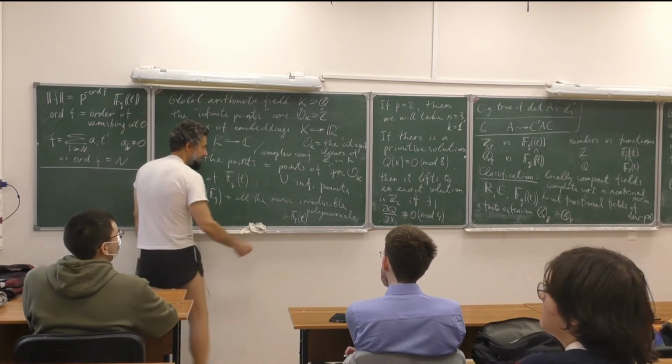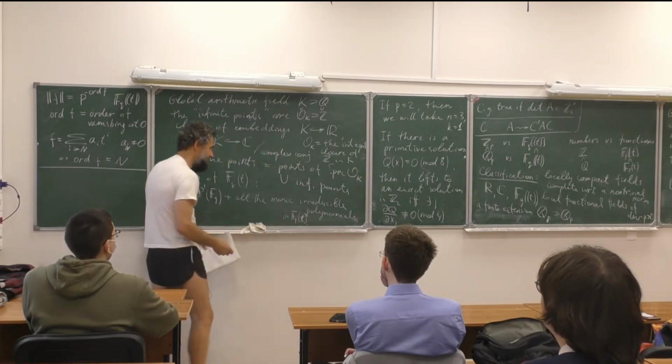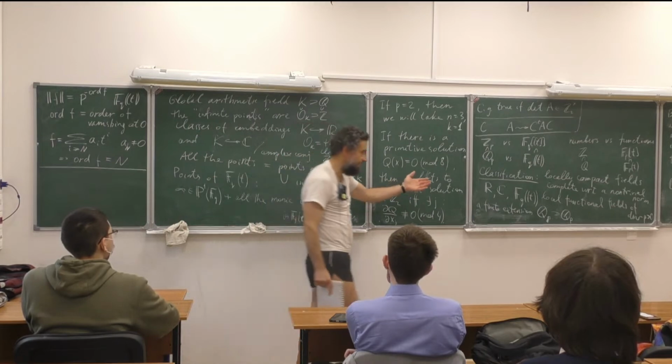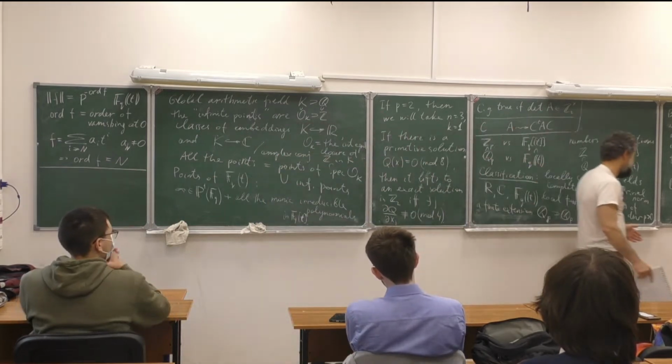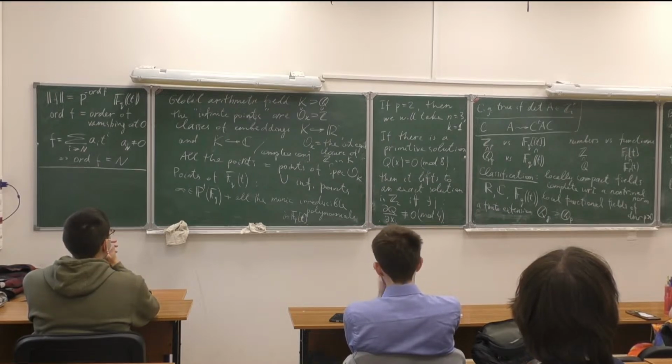In this sense, this situation is more interesting, because over complex numbers, when the ground field is algebraically closed, all the irreducible polynomials in one variable were just linear polynomials, x minus a. And they were numbered just by the points of the ground field itself.